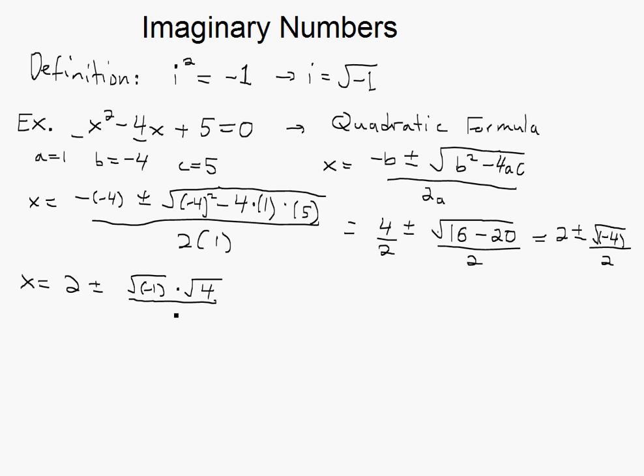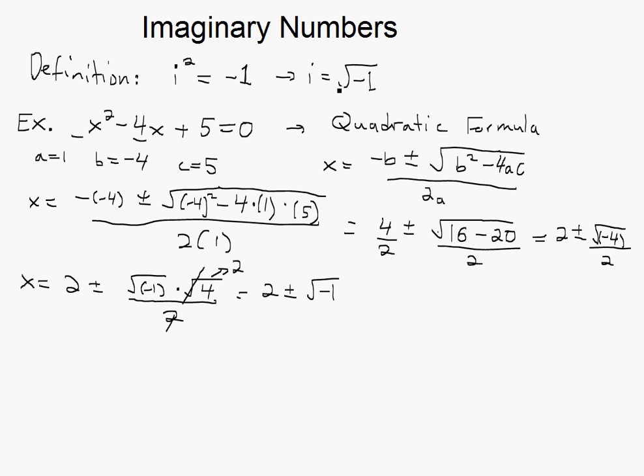The square root of 4 is 2, so we can simplify this more. We go plus or minus 2 divided by 2, which is 1, so they cancel, and we're just left with the square root of -1.